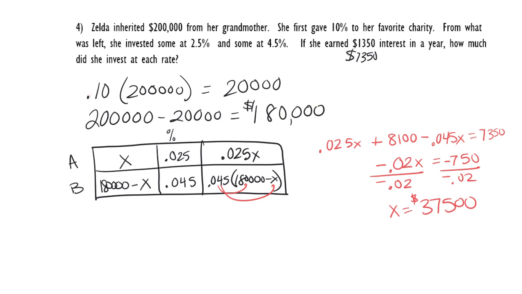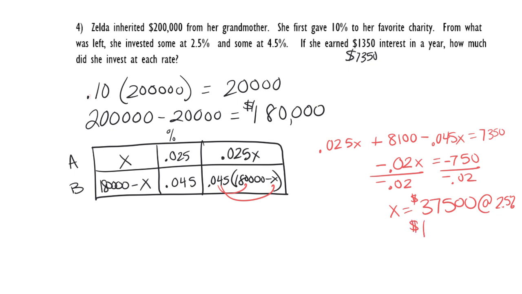Okie doke. Then I look and see if she spent that much in option A. That's great, but we want to know each rate. So now I'm going to take 180,000 minus that and see how much went in the other account. And so I have two answers. So I'm going to say this is how much at the 2.5%. And she also put, actually, I'm going to let you do this one.